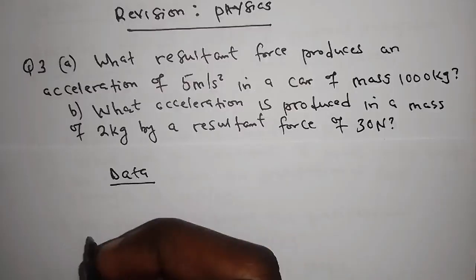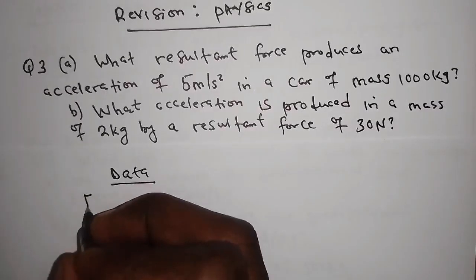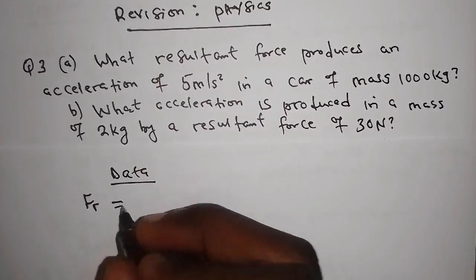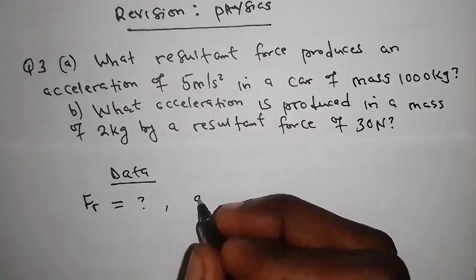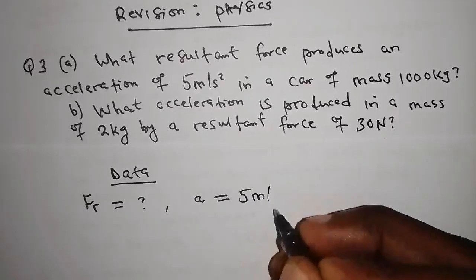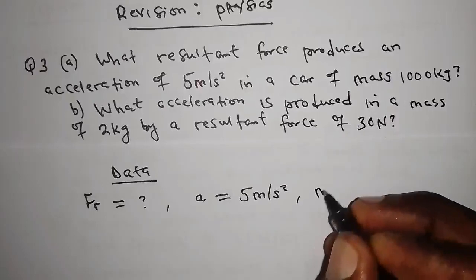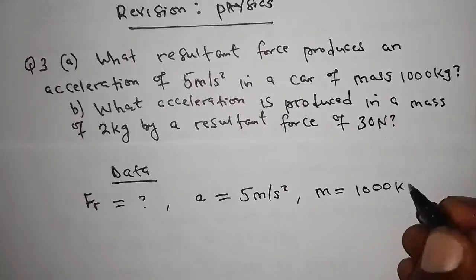The resultant force, F_R, where R is resultant, is what we are looking for. The acceleration is 5 meters per second squared, and the mass, M, is 1000 kg.